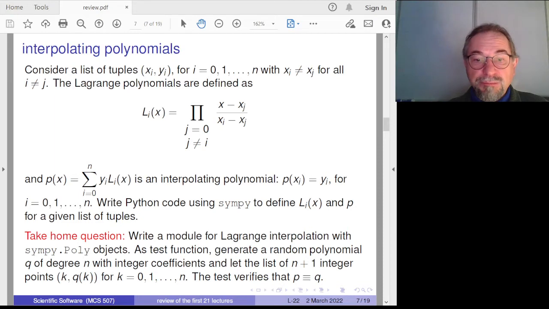You can still work symbolically, so there is this property that the interpolation problem has a unique solution, and build that into a test. So certainly if you have exact integer coefficients and integer data points, then the test can be computed exactly.